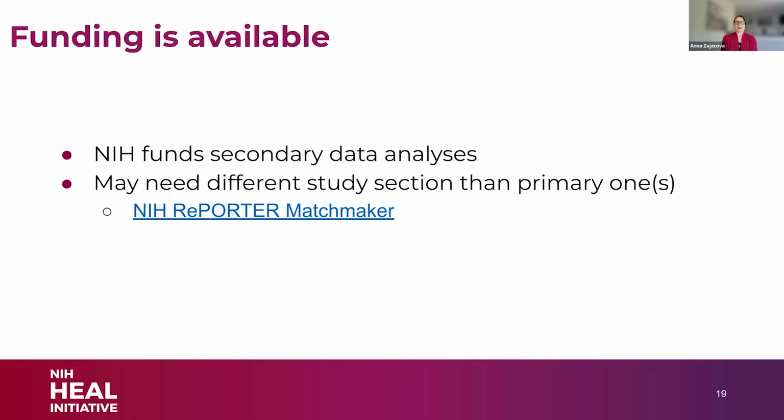So funding is available. The NIH does fund secondary data analyses, not to the degree that it funds other types of research, but it certainly funds secondary data analyses. People in my field mostly run on NIA or NICHD funding for secondary data analyses.